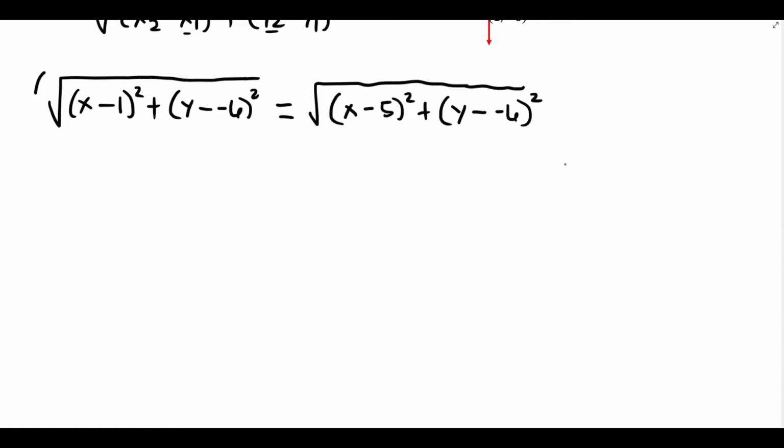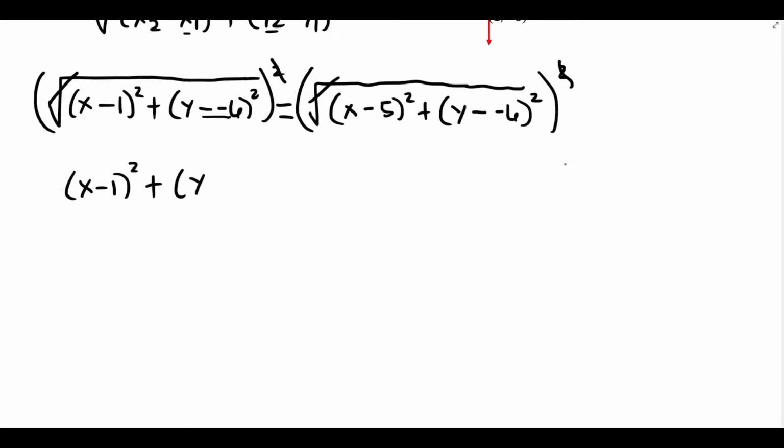Then to simplify, take the square of both sides to omit the square root. So cancel the square root, and this becomes (x minus 1) to the power 2, plus, with the double negative, (y plus 6) to the power 2, equals (x minus 5) to the power 2, plus, with the double negative, (y plus 6) to the power 2.